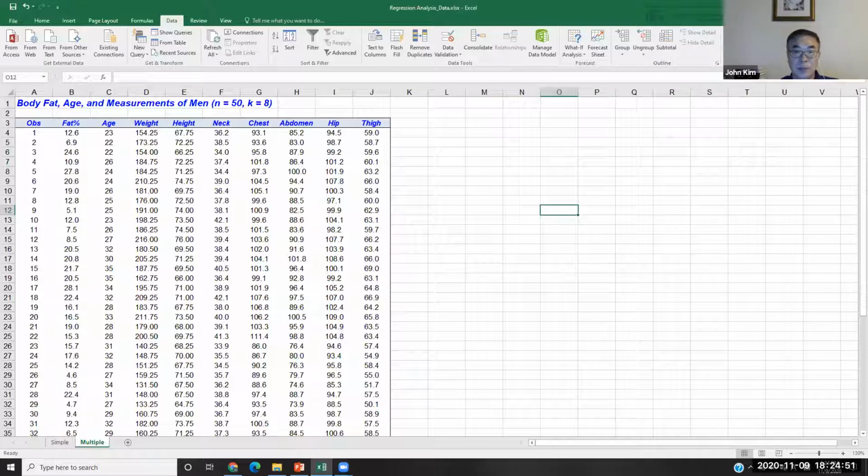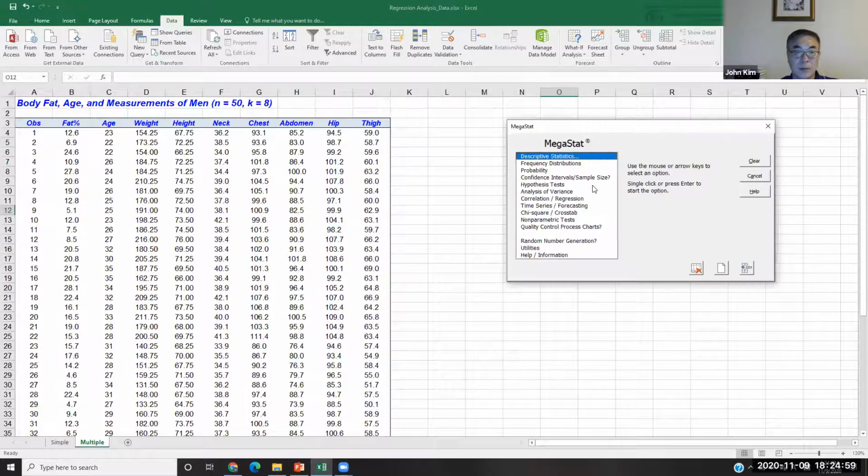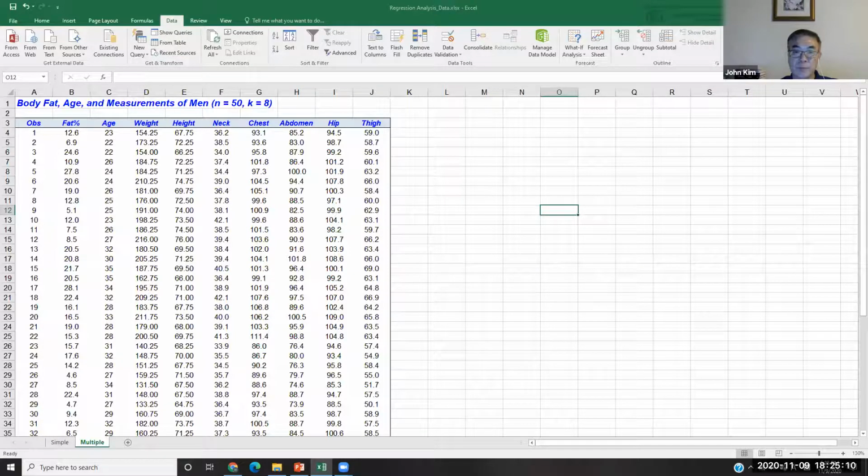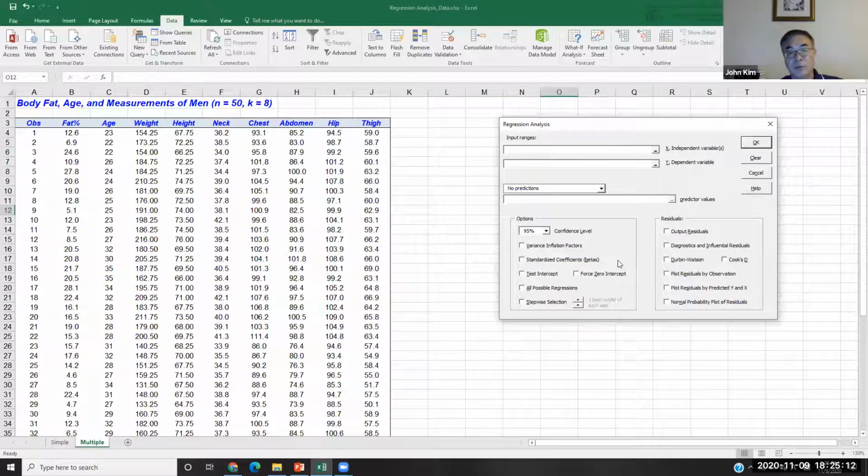So I recommend using Megastat. Then go down to find correlation and regression, and then regression. When we click regression, it asks for the input range.